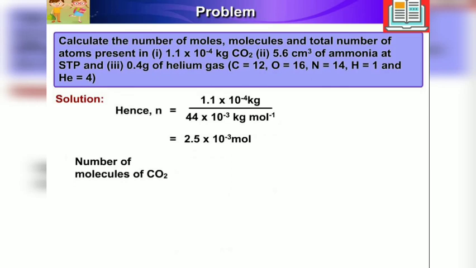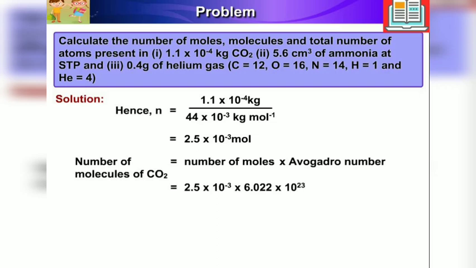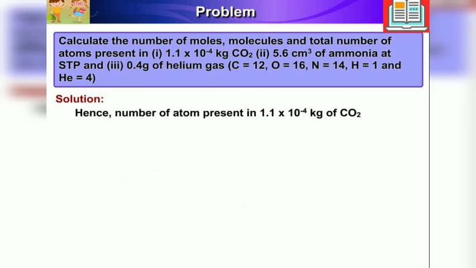Number of molecules of CO2 equals number of moles into Avogadro number, equals 2.5 into 10 raised to minus 3 into 6.022 into 10 raised to 23, equals 1.505 into 10 raised to 21 molecules. CO2 gas is triatomic. Hence, number of atoms present in 1.1 into 10 raised to minus 4 kilograms of CO2 equals 1.505 into 10 raised to 21 into 3, equals 4.515 into 10 raised to 21 atoms.